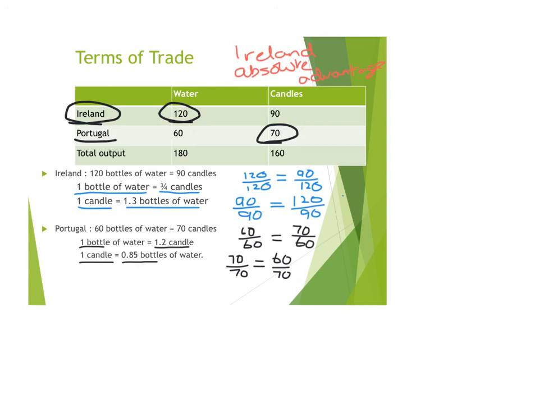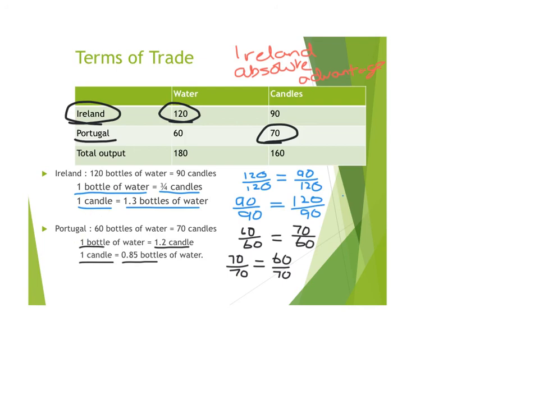So the big question here then is, do Ireland and Portugal benefit from trade? Well, if we just go back to our opportunity costs here, we've said that Ireland will produce water and they'll trade for candles. And the main thing is that when they are trading for candles, provided that Ireland give less than 1.3 bottles of water to Portugal for their one candle, then Ireland will benefit from trade.